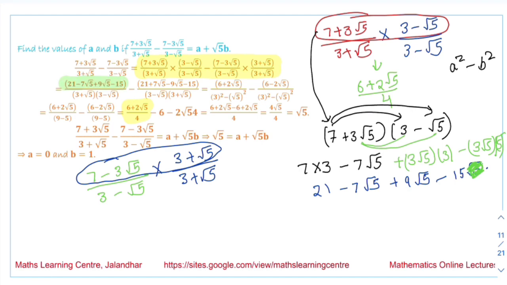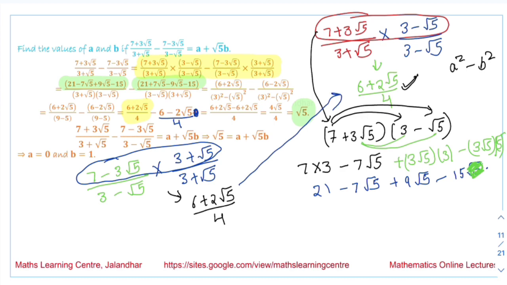This is the numerator here, and this is the numerator here, and on finally solving all these values, you will get the final answer as this. On solving the first term we get the answer in this form. On solving the second term, we get the answer as minus 6 plus 2 root 5 upon 4, so this is the answer.